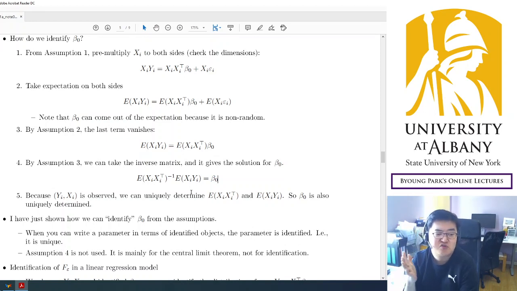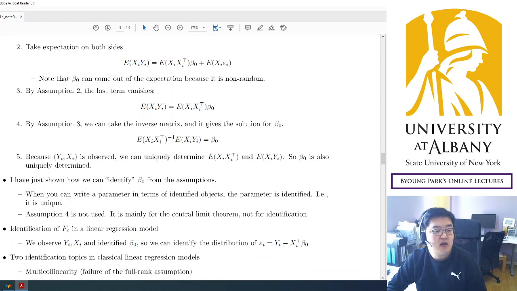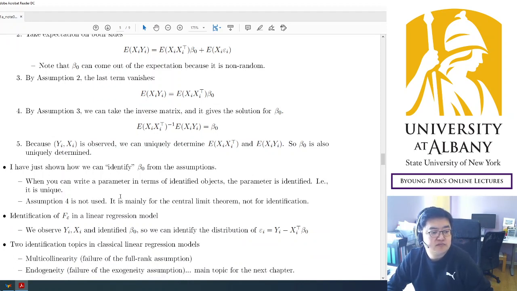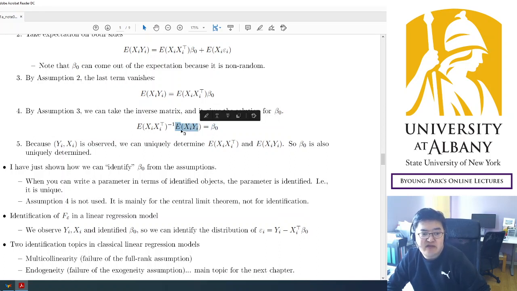So this is too simple. You may think it's too simple what we are doing, but the basic idea is uniqueness of beta. When you can write a parameter in terms of identified objects, so this is the parameter, and it's a function of identified objects, then the parameter is identified.